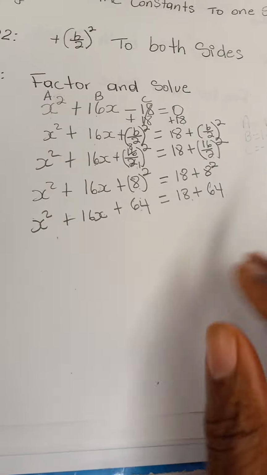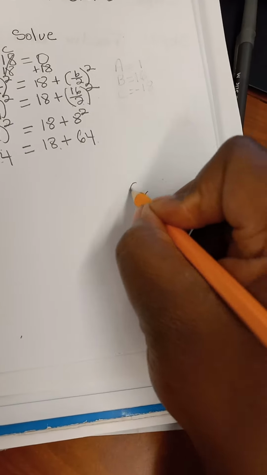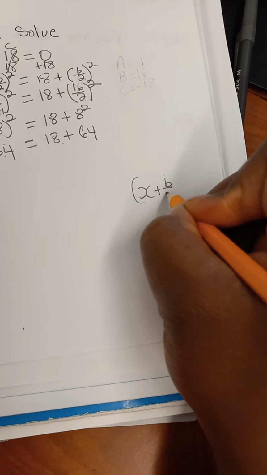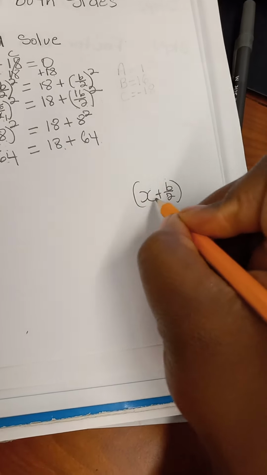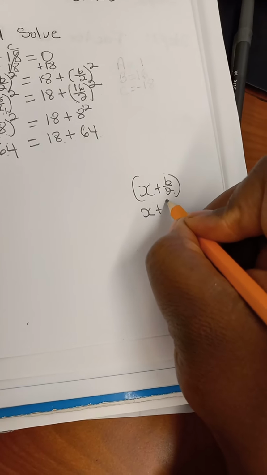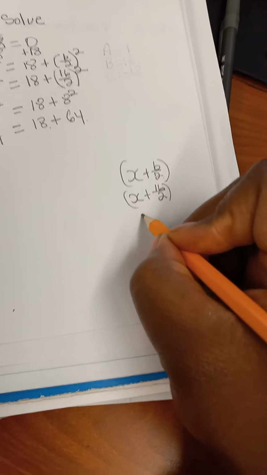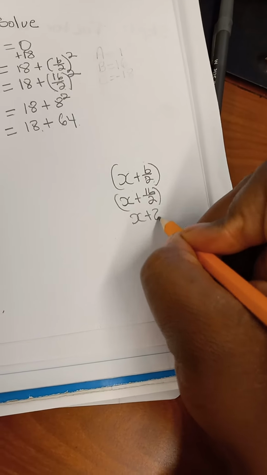So now let's factor this. Remember when we are factoring, it's like we're saying x plus b over 2, or x plus half of b. We know that b is 16 in this case, and when you half it, it's going to be x plus 8.